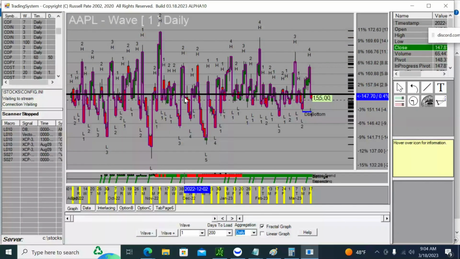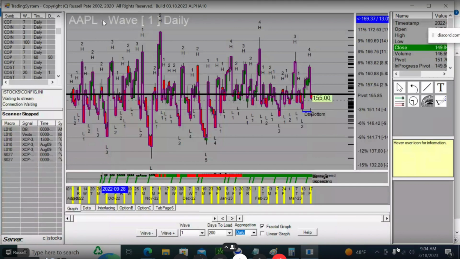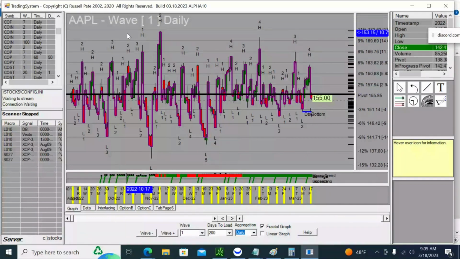So with fractals, there's a fractal interval. I call it the wave because it's a smaller word, and this wave number is how much time is spent above or below this pivot line, this center line. So the larger this number, the more time we're above or below.